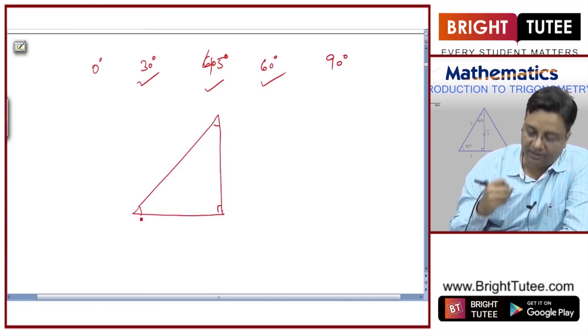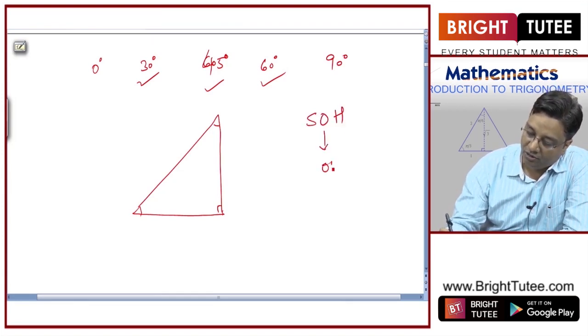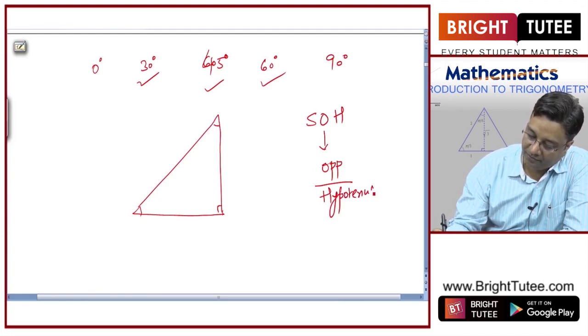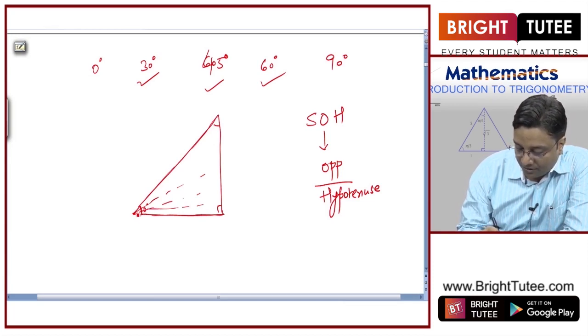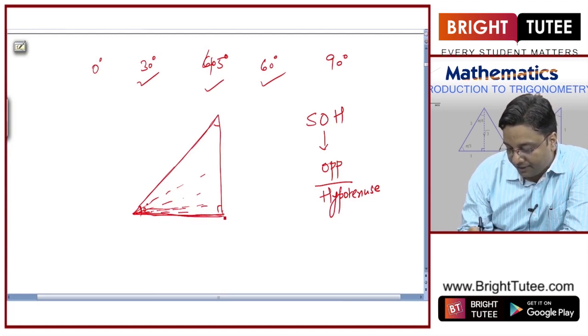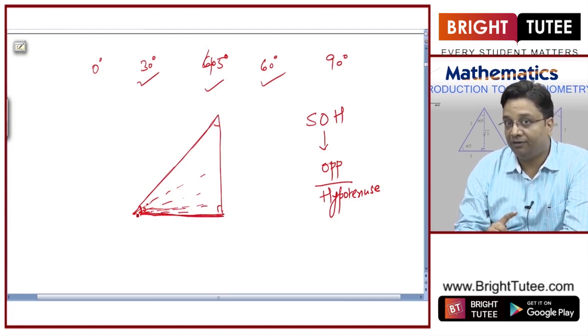Let us say this is our triangle here. What is sine? It is opposite by hypotenuse. So I need to talk about a 0 degree angle. If this angle is 0 degrees, then this side will coincide with this one, right. If this angle becomes smaller and smaller, and when this side overlaps this side, then the angle will become 0.